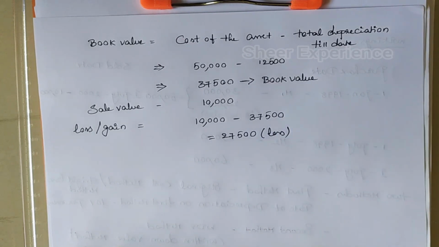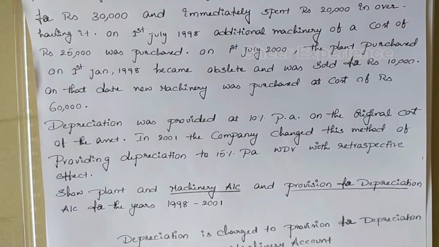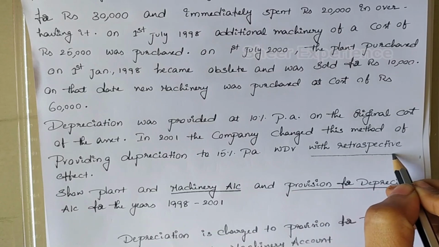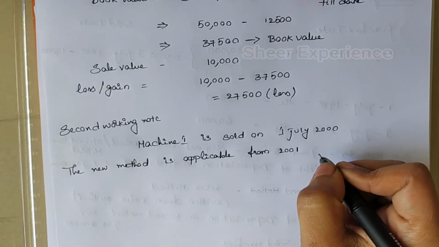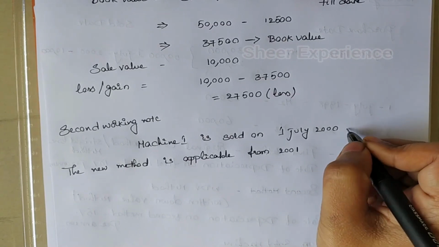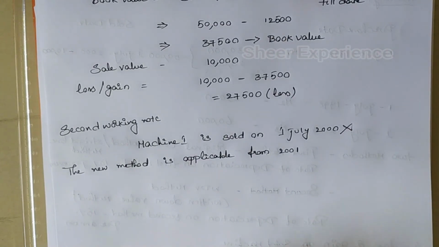In the question, there is a change in the depreciation method from 2001 and also with the retrospective effect. Since we have sold machine 1 on 1st July 2000, we don't have to consider this machine for calculating excess or short depreciation. Excess or short depreciation is calculated only when there is a retrospective effect.